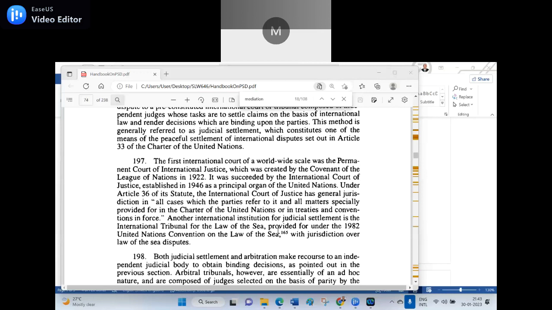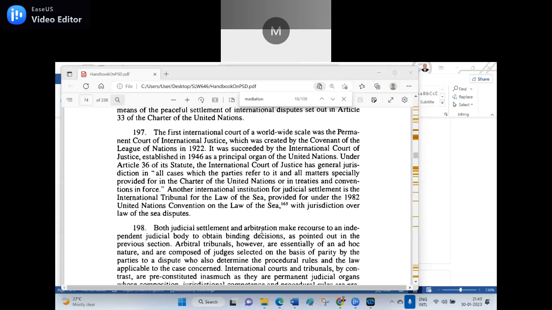So please remember Article 33, which makes clear the judicial organ can settle the dispute, and Article 36 gives the jurisdiction of the International Court of Justice, the judicial organ, to entertain such cases. Is it clear, Dorcas?